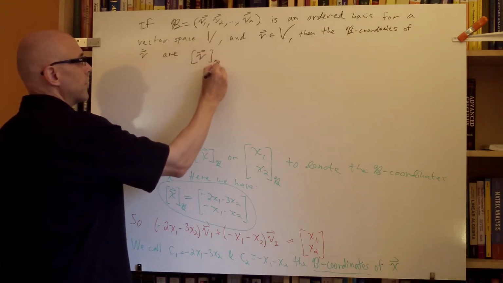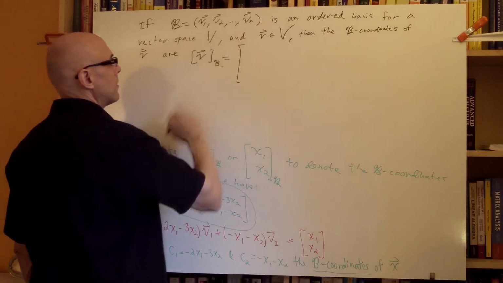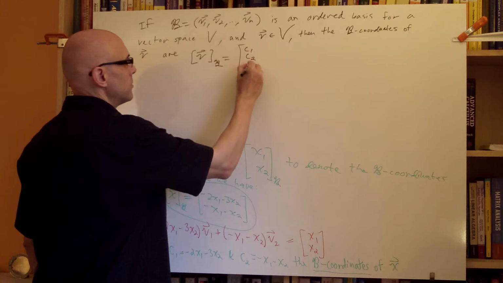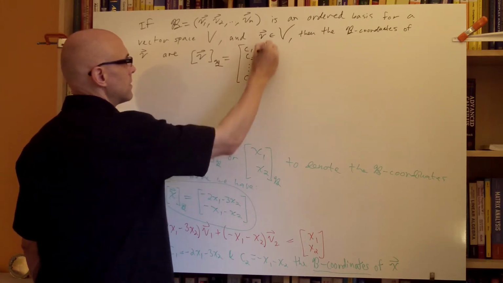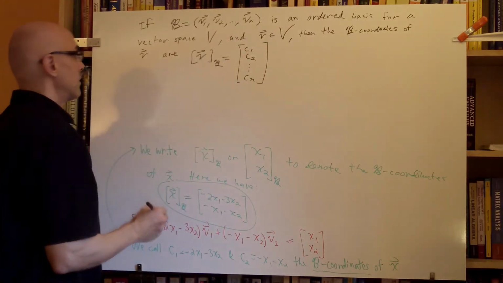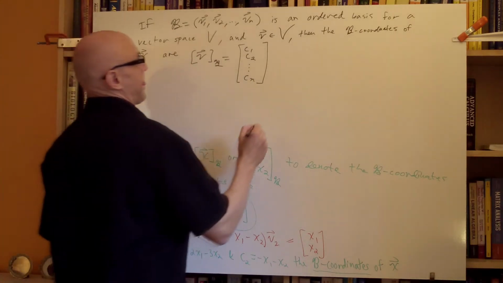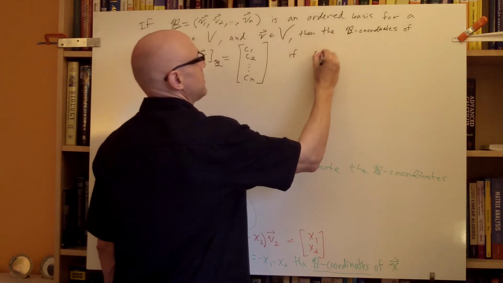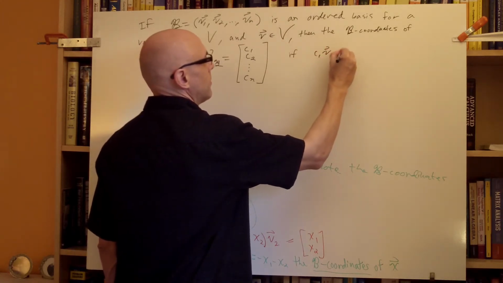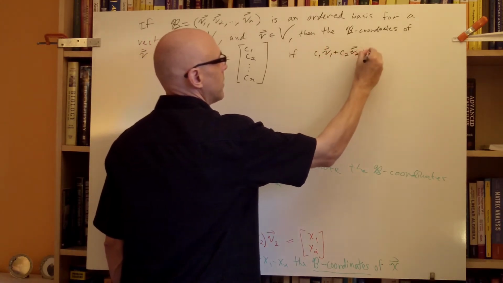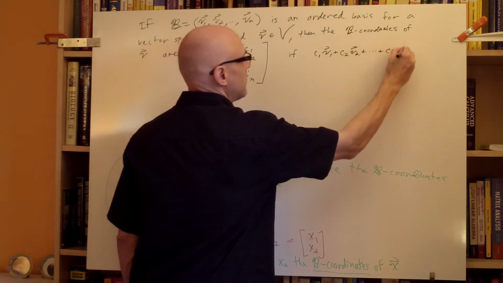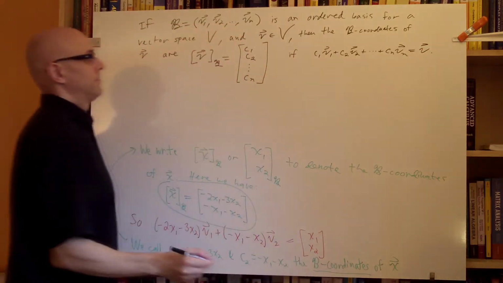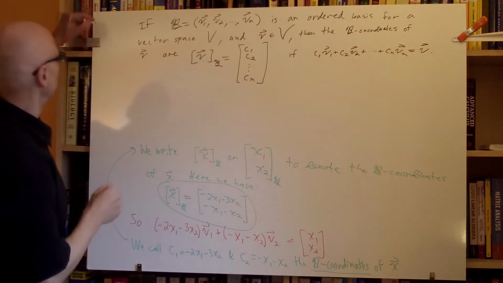B coordinates of the vector v are the numbers C1, C2, down to Cn if C1 v1 plus C2 v2 plus up to Cn vn is equal to v. This is by definition.